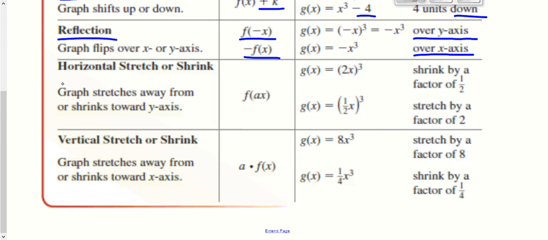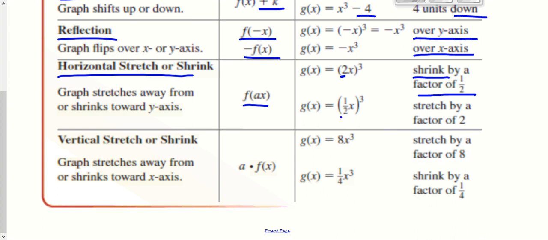Now, you have a horizontal stretch or shrink. It's multiplied by a on the inside, so f of a times x. So if you have 2 on the inside, it is a horizontal shrink by a factor of 1/2.